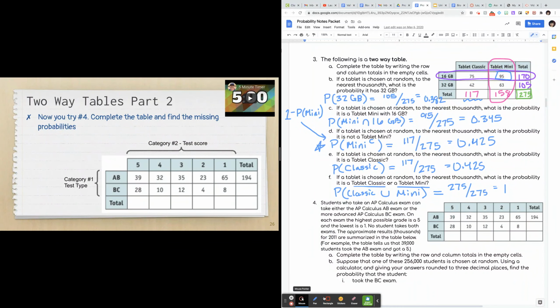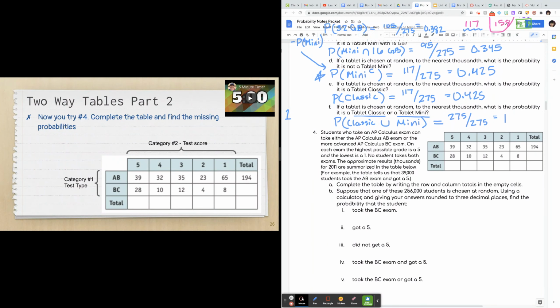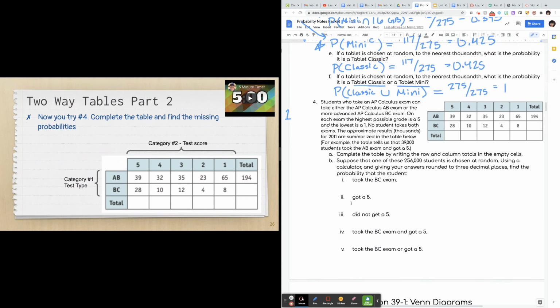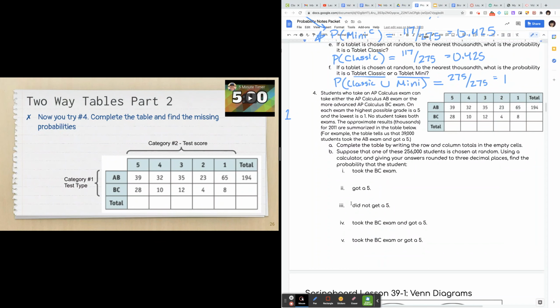What I would love for you all to do is try this one out on your own. So go ahead and pause the video and try this one out on your own. What you have to do is fill in the rest of the totals here, and then you're finding these 5 probabilities right here, okay?